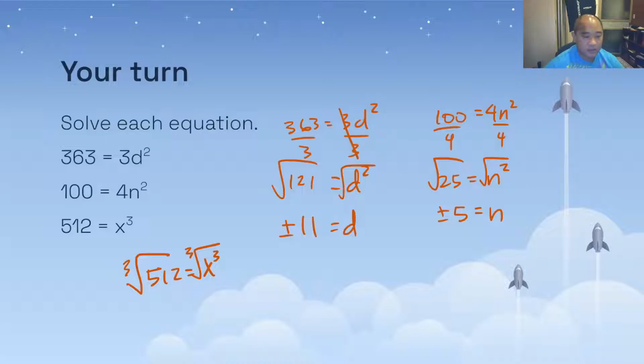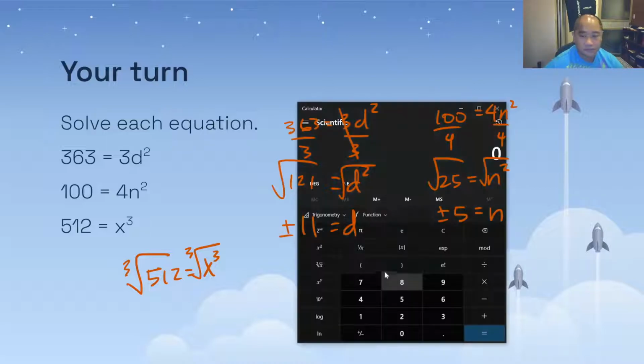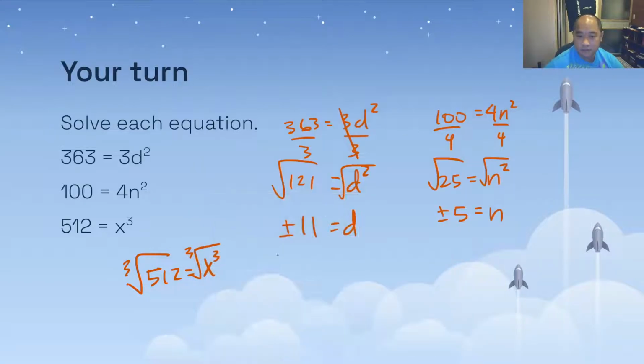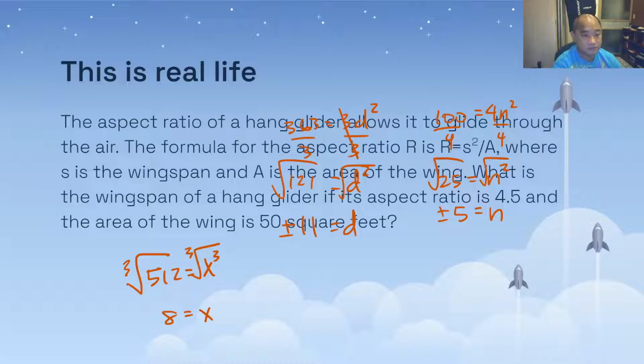I'm going to guess it's 8. But I honestly cannot remember. Yep, it is. So 8 equals x. So in these two cases, the first two, it's going to be plus or minus. The second case, there's just one answer, 8.